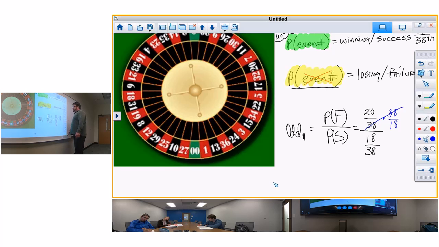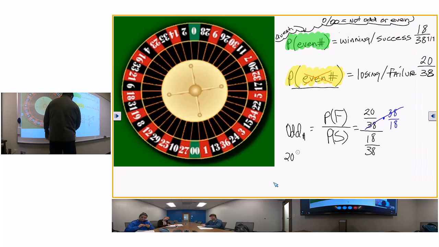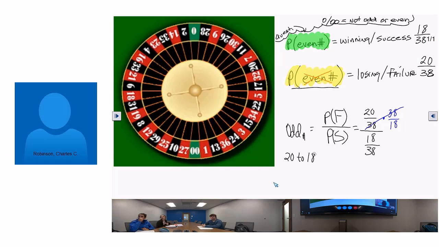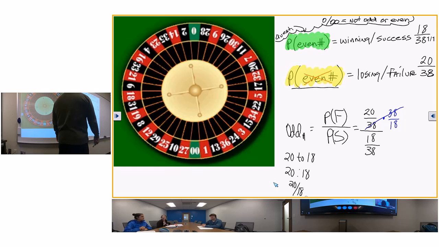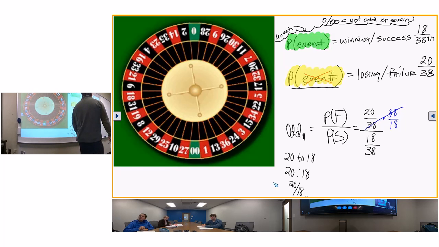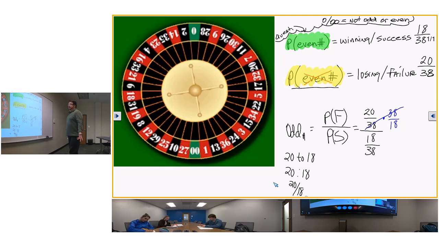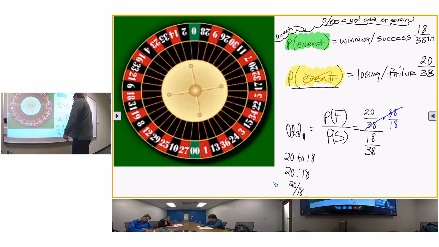Now you can write 20 to 18 several different ways. You can write 20 to 18, and you can write 20 over 18. You can also simplify, which is what you're going to be asked to do. So 20 over 18 reduces down to what? 10 over 9, right?